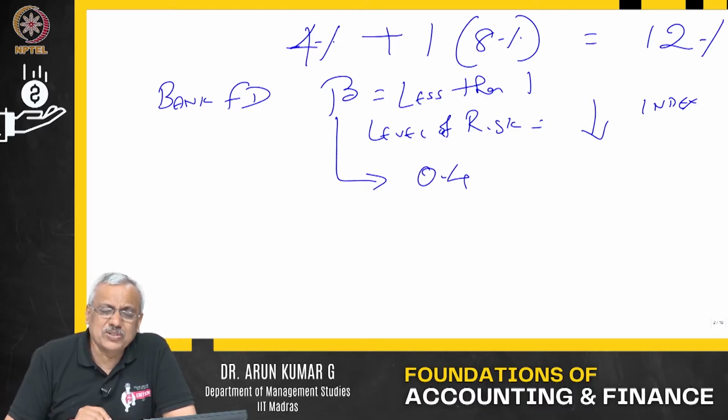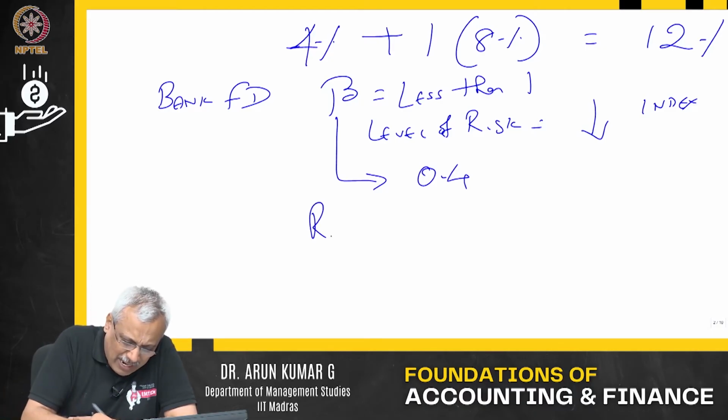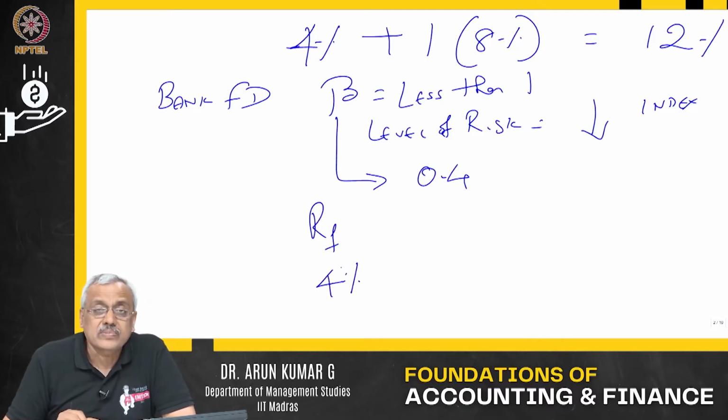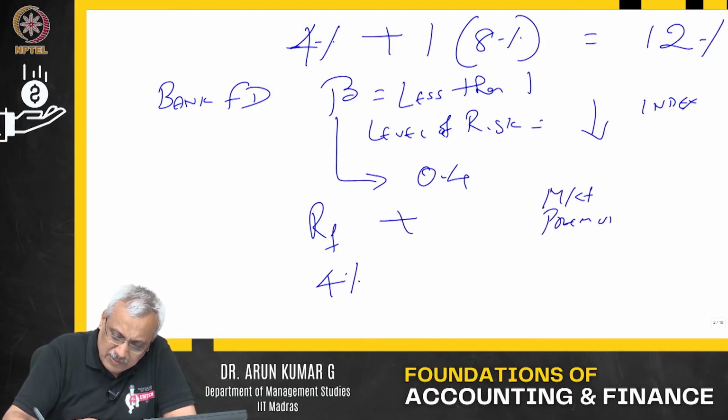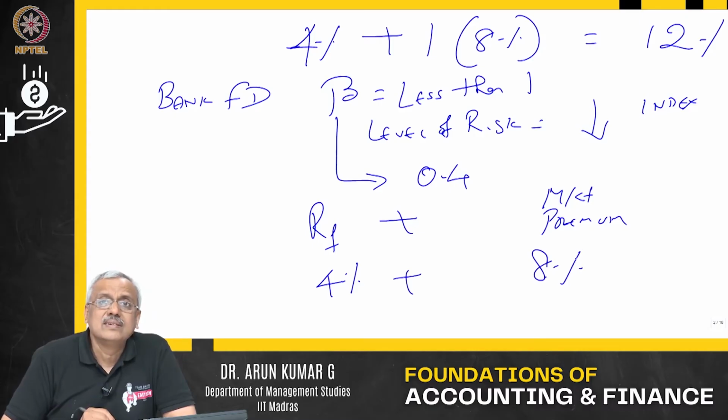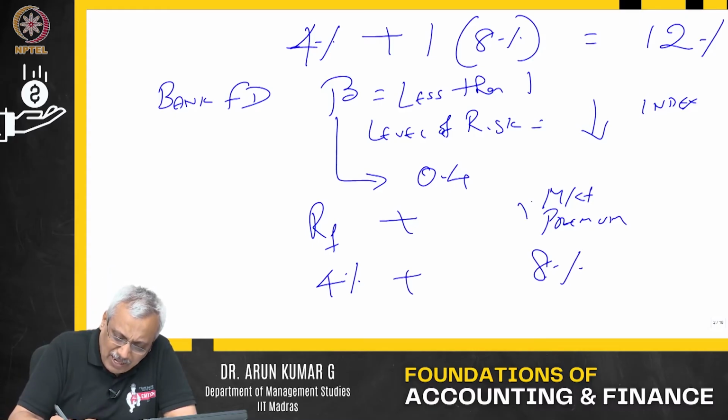Then what is the return you should get? You should minimum get my RF, that is 4%, plus the market premium, which is 8%, multiplied by the beta of the investment.